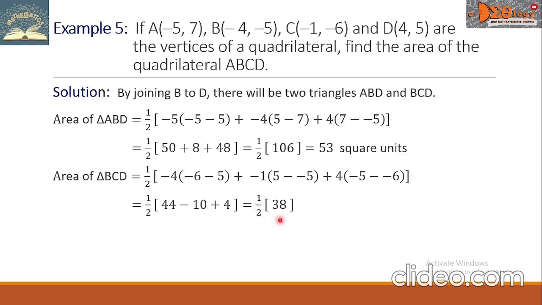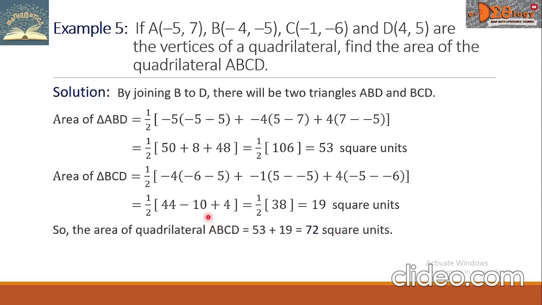And 1/2 of 38 is 19. So the area of triangle BCD is 19 square units. Now the area of the quadrilateral is 53 plus 19 equals 72 square units.